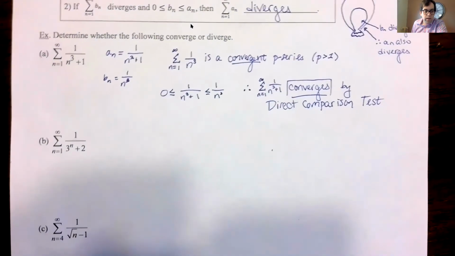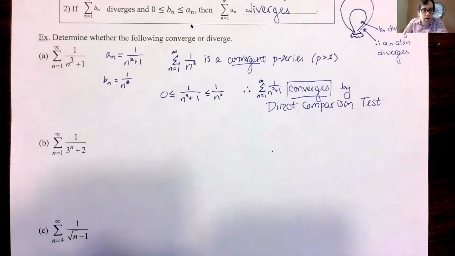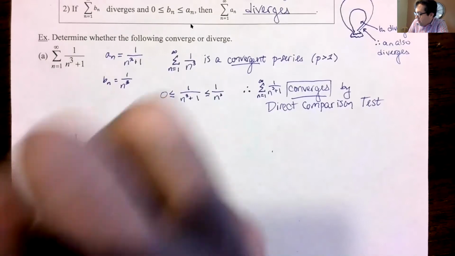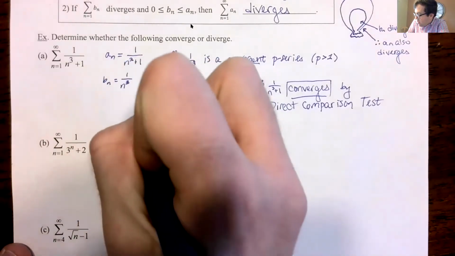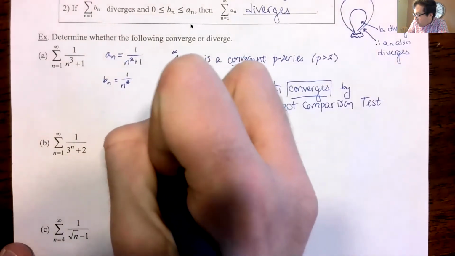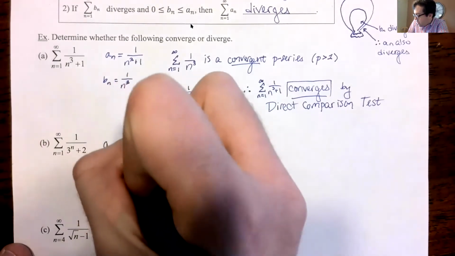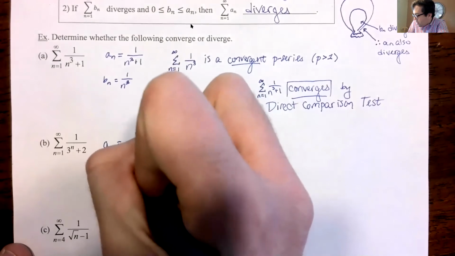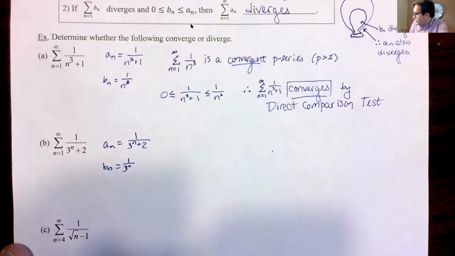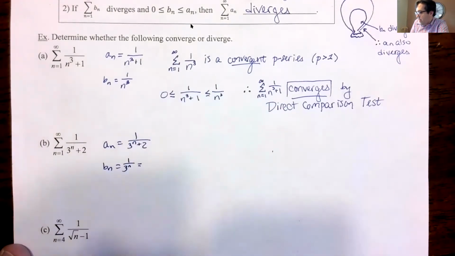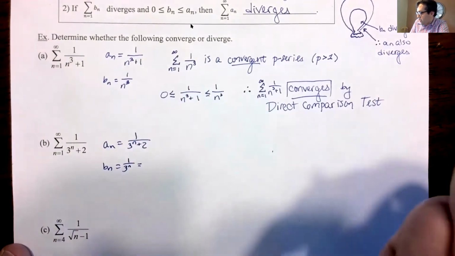So this second one, the sum from n equals 1 to infinity of 1 over 3 to the n plus 1. This time we are going to declare that a sub n is 1 over 3 to the n plus 2. And similar to letter A, we're going to just drop off the plus 2 and see if we can work with this. What I would do is start to rewrite this b sub n so that it looks more like a geometric series.